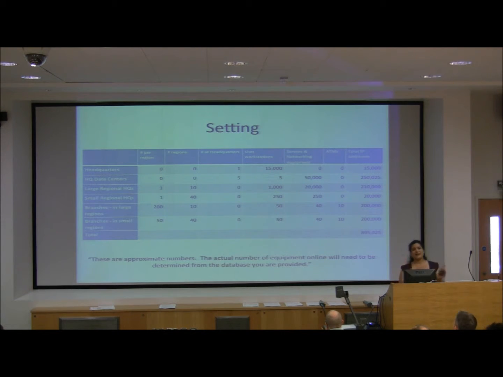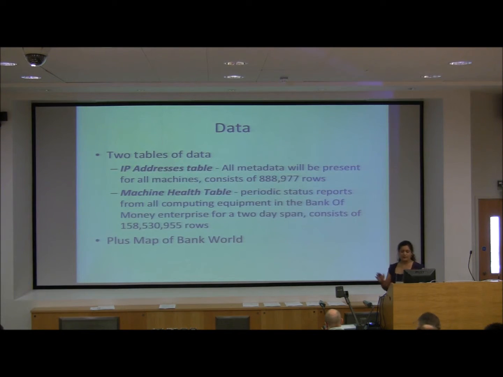Okay, so the data set you're given comprises 2 tables. Now, the first table is a table of IP addresses, and this just gives you some metadata about the machines. So, for example, this is Rick's laptop. It is a work laptop of an office person, etc. That is the kind of information you get in the first table.